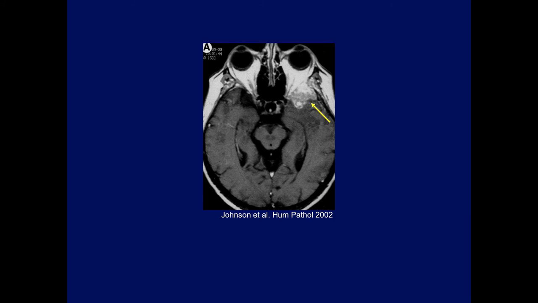What about this? Was mentioned before, it was a MET. This is a breast metastasis. What about this? Here I need a specific diagnosis, no guesses.